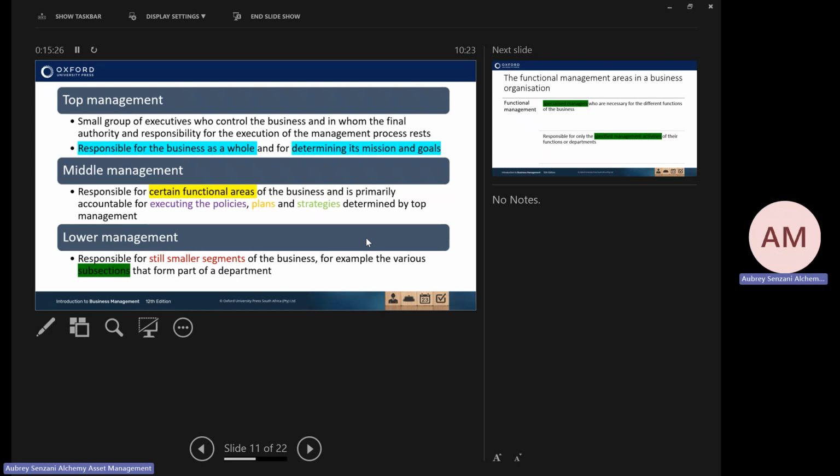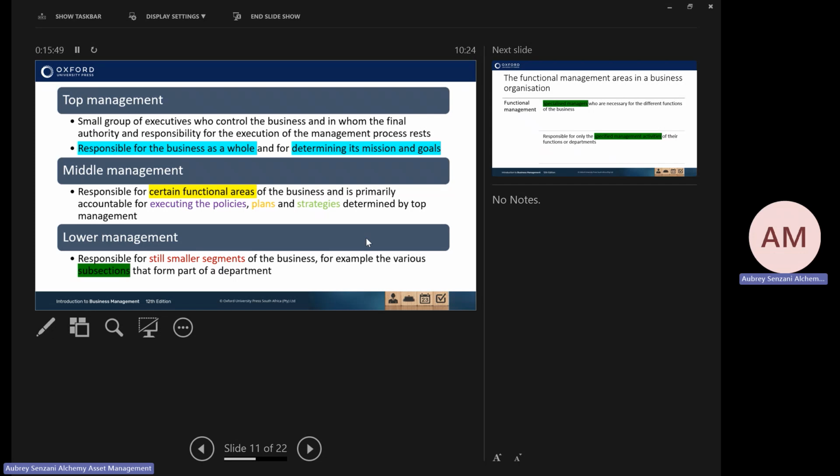Okay, this is who we want to serve. Then middle management will now have to come up with policies, plans on how are we going to serve this client base that we have selected. How are we going to deliver these products? What's the strategy that's going to be implemented by this business?